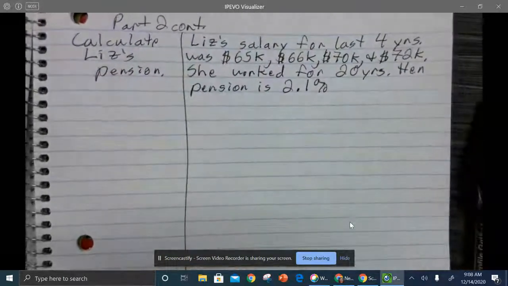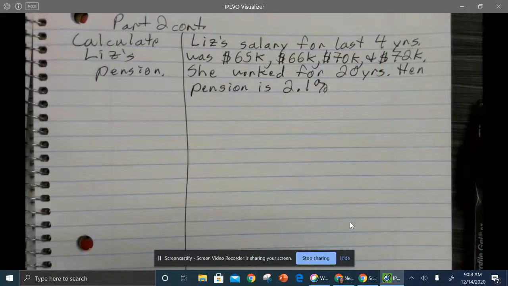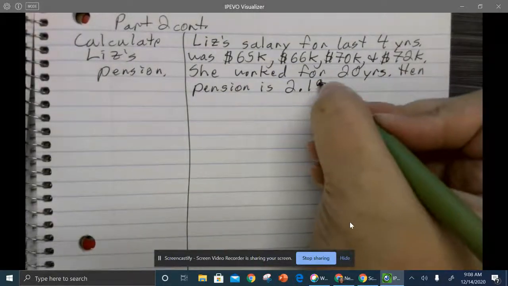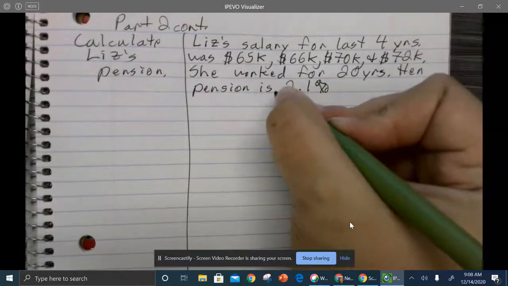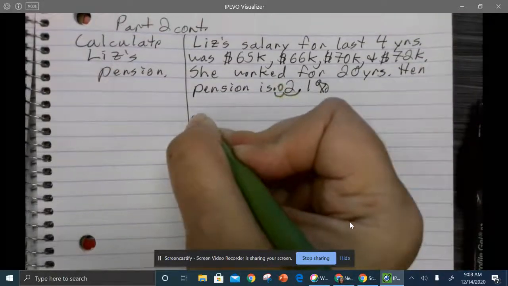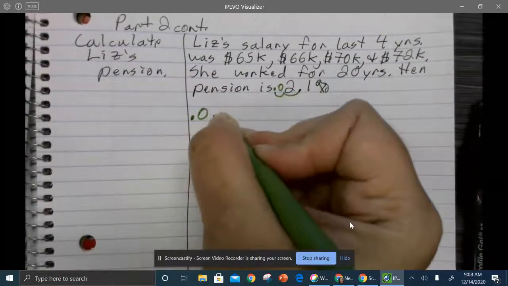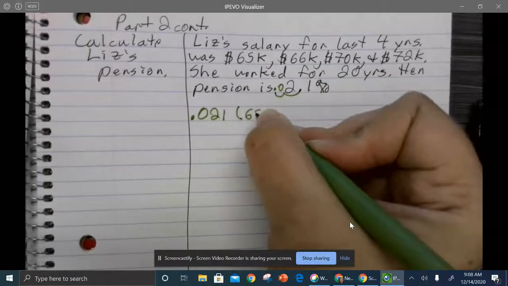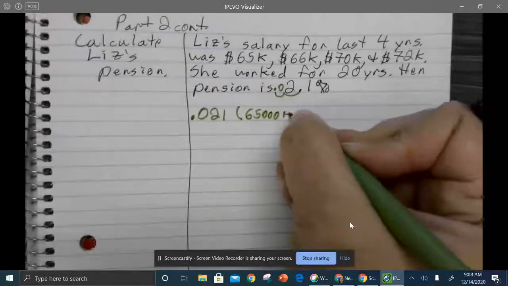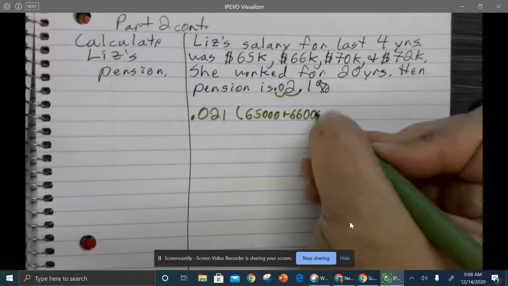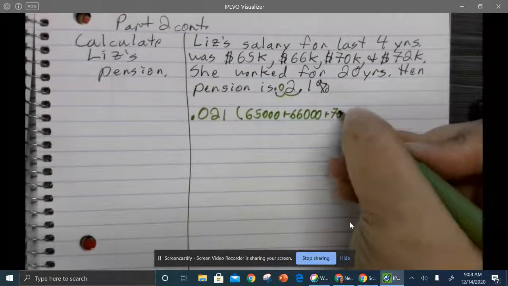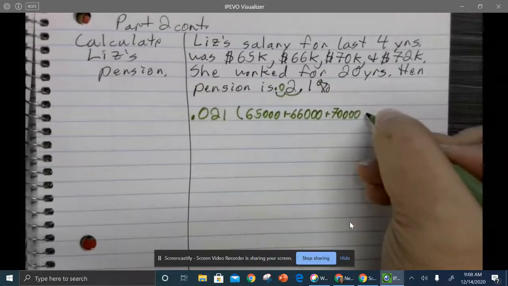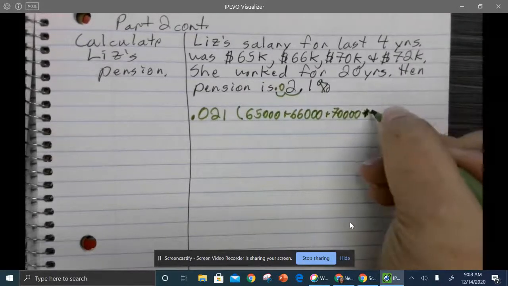Okay, so let's do this example, everybody. So remember, drop the percent sign and go to the left, add the decimal and the zero. Okay, and then we have to find the average, everybody. So we're going to add all these together. And everybody can use between 3 and 5 years for this. Okay, so we're adding all these together.